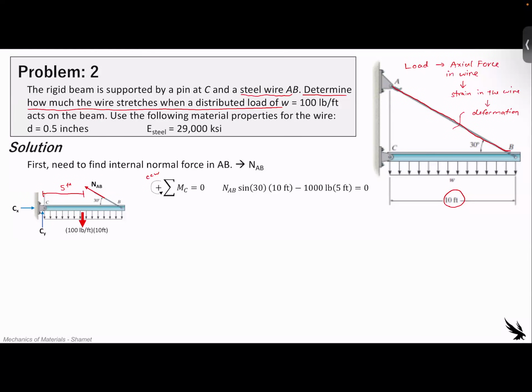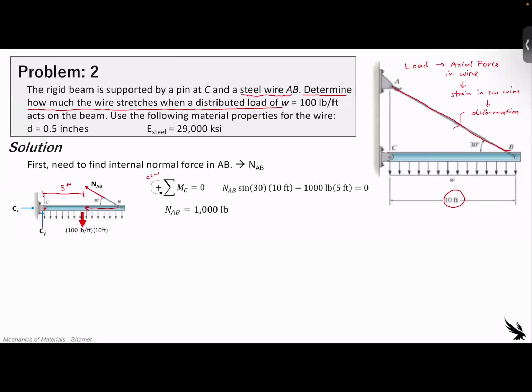We don't have a horizontal component of NAB because that would be acting in the line of C, at the same point as C. So there's no distance offsetting of C, which means there's no moment. So we don't have to include that. The moment contributed due to the horizontal component of NAB is 0. Okay, so when we solve this, we find that NAB is equal to 1,000 pounds.